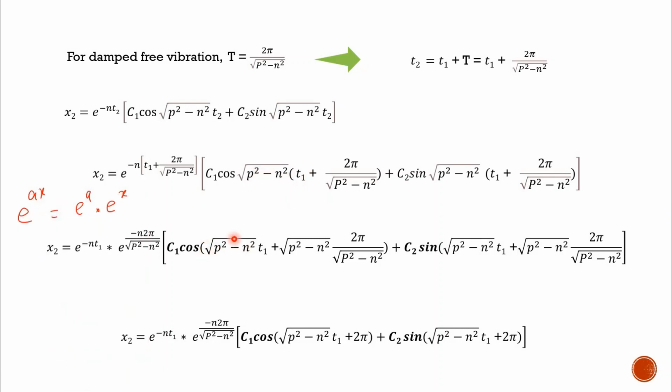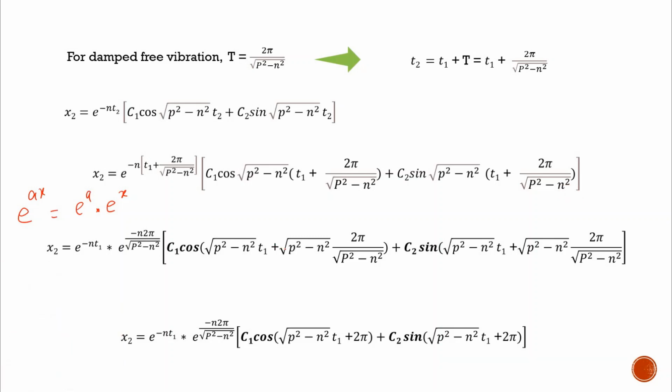And I'm just multiplying this root p square minus n square into this, so root p square minus n square into t1 plus root of p square minus n square into 2 pi by root p square minus n square. Similarly, I'm multiplying this root p square minus n square into this bracket in the sine, so this will become sine of root p square minus n square t1 plus root of p square minus n square into 2 pi by root p square minus n square.